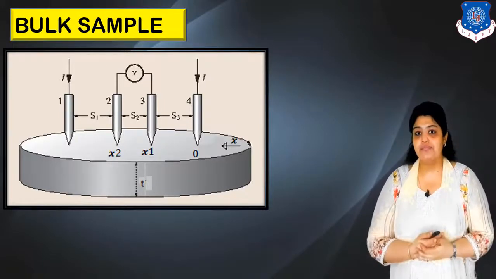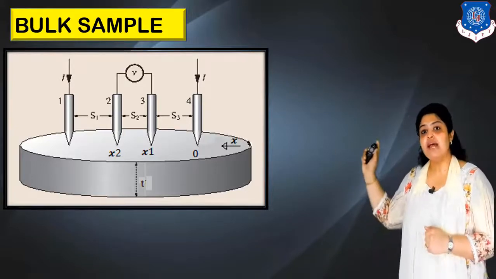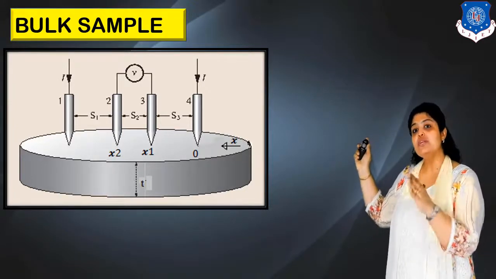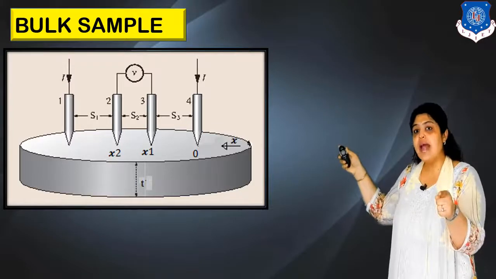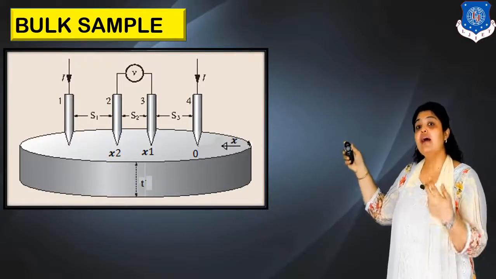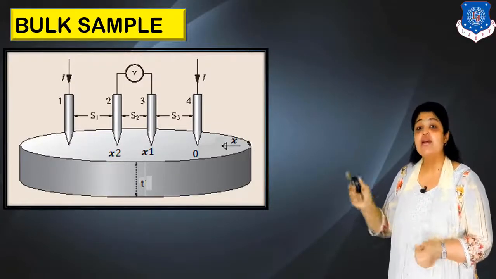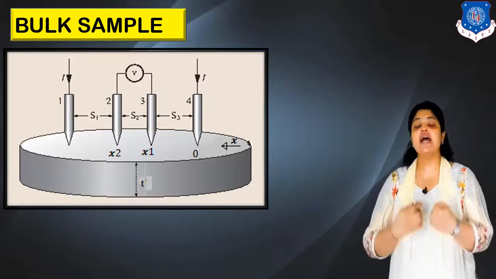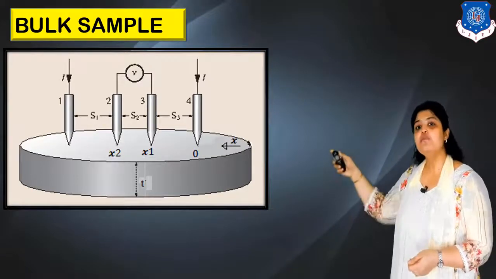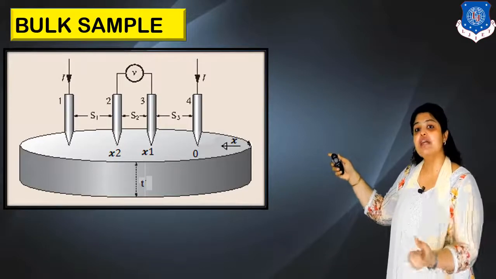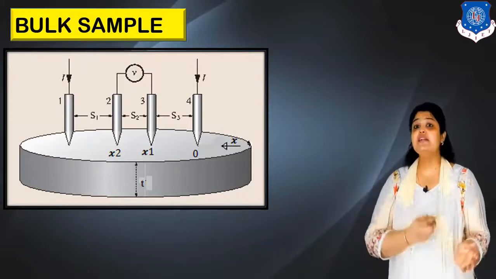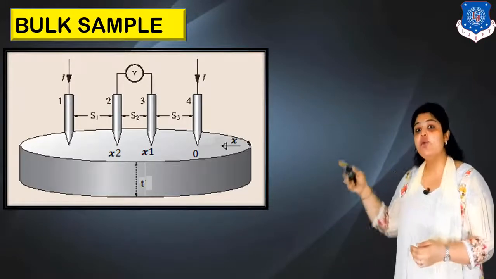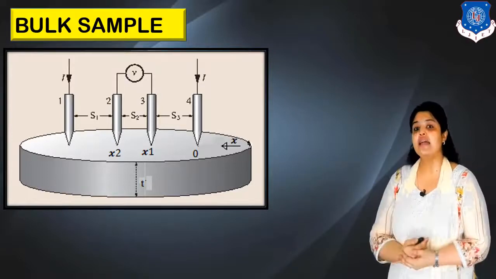Now here you can see from the diagram probe number 1, 2, 3 and 4. So probe number 1 and probe number 4 have the current source connected, which is going to supply a constant current I. Between probes 2 and 3, we are considering a voltmeter connected. As per the setup I explained, this voltmeter should have a very, very high impedance.